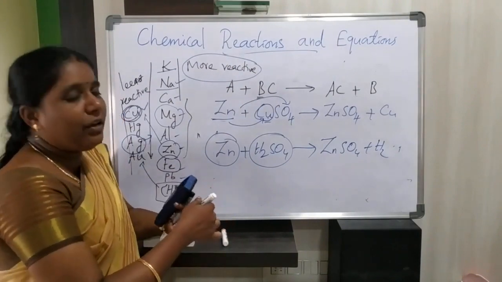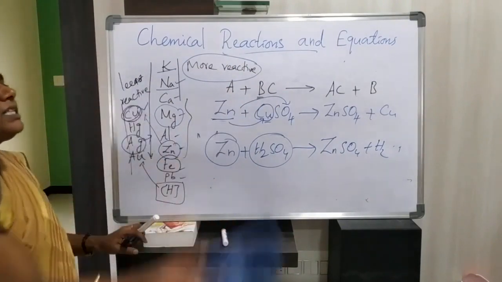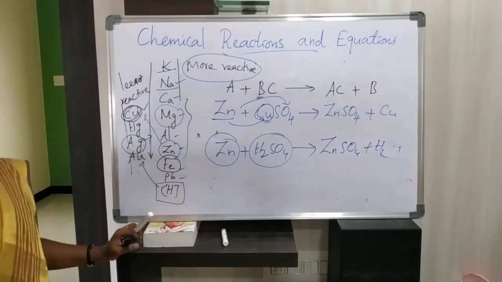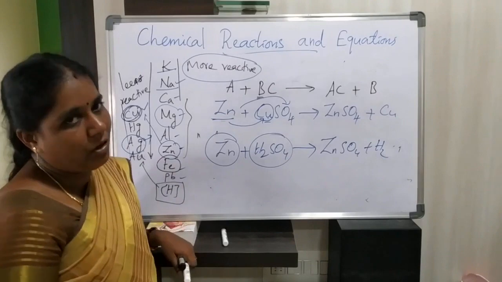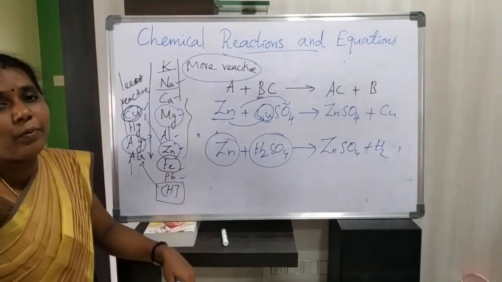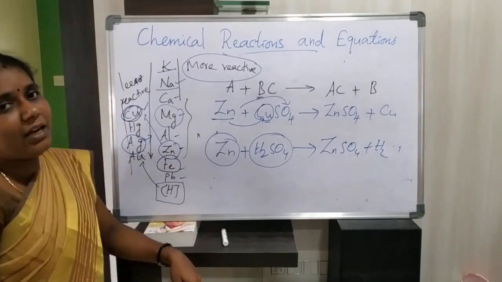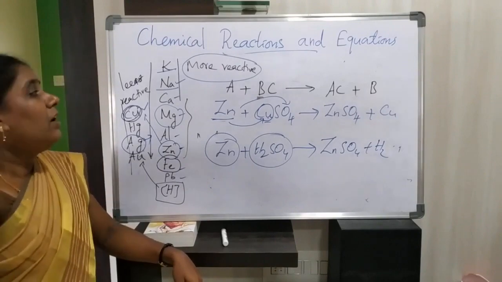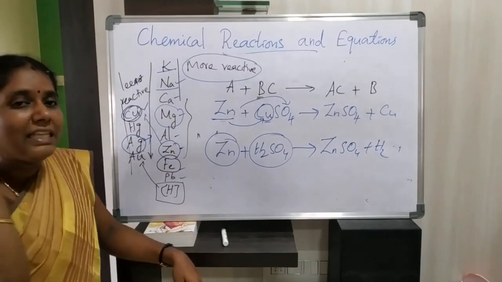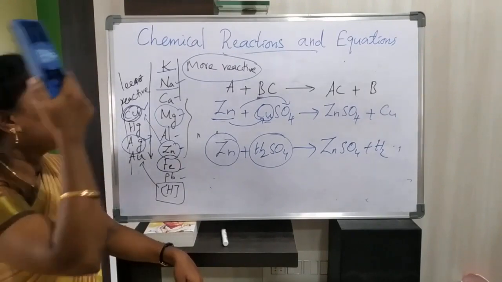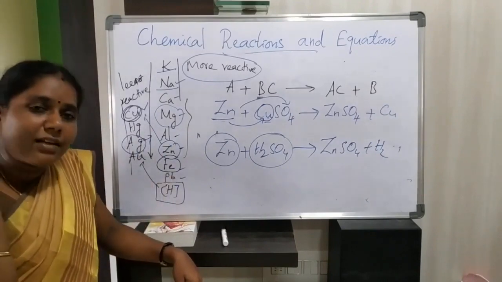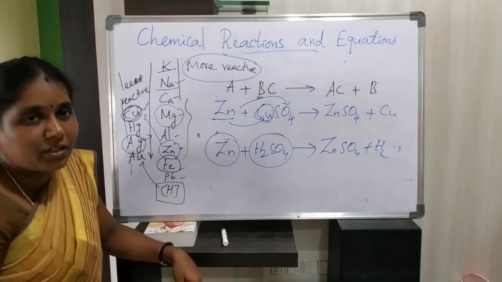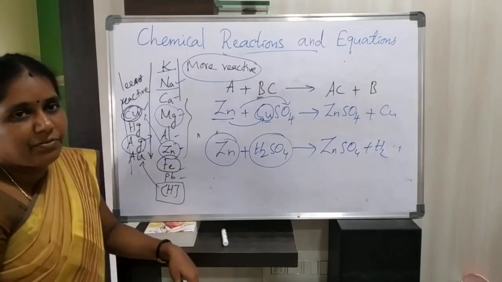In your examination they may ask a question like this: why is sodium metal kept under kerosene oil? Mostly sodium or potassium metal is immersed in kerosene oil. Why? Because sodium is a more reactive element. Because of this reactive nature it easily combines with air and moisture, and sometimes it may catch fire.